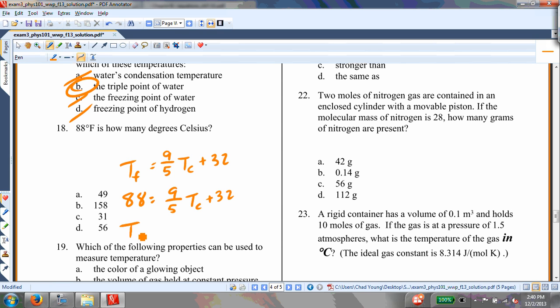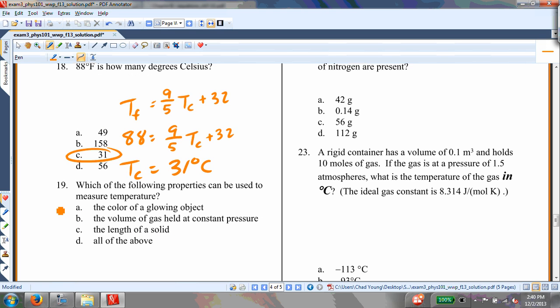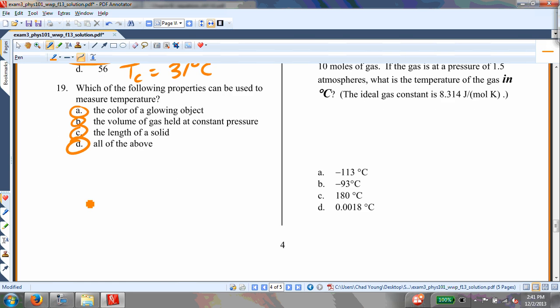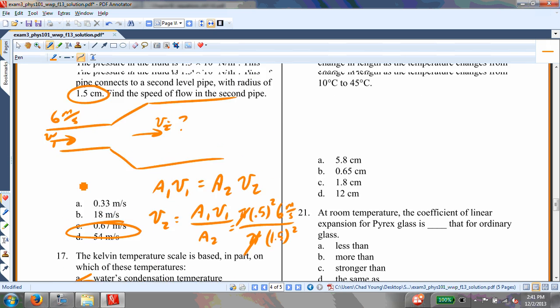Let's solve for TC. That's my Celsius temperature, and it's equal to 31 degrees Celsius. Let's see. Which of the following properties can be used to measure temperature? Well, we can have the color of a glowing object, the volume or the length of a solid. It's all of these. We listed a number of different thermometers, things that you can use for thermometers, and these were all listed in that.